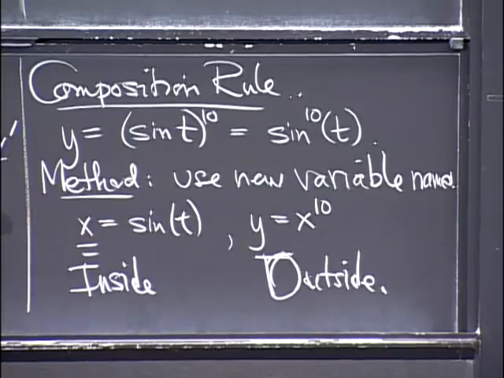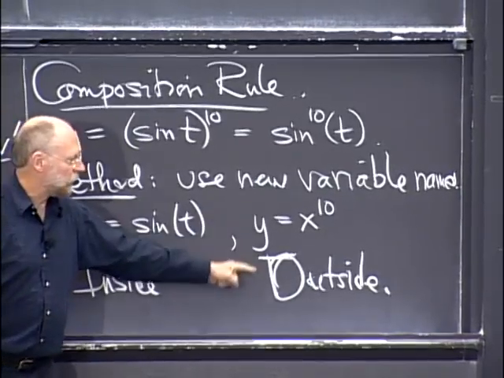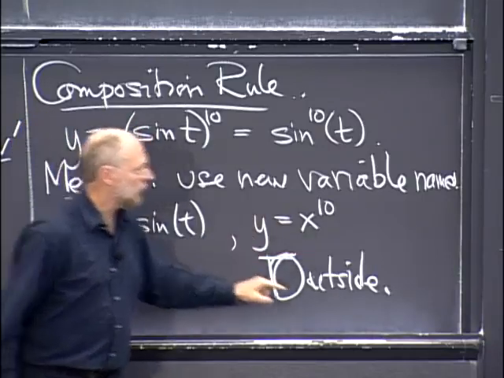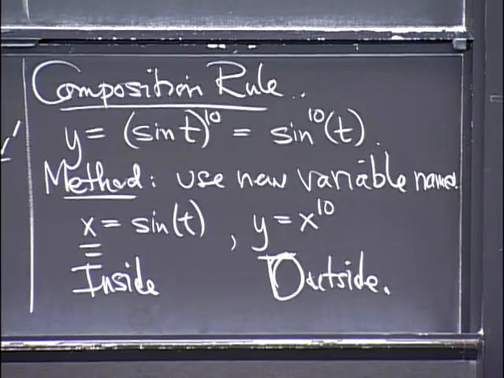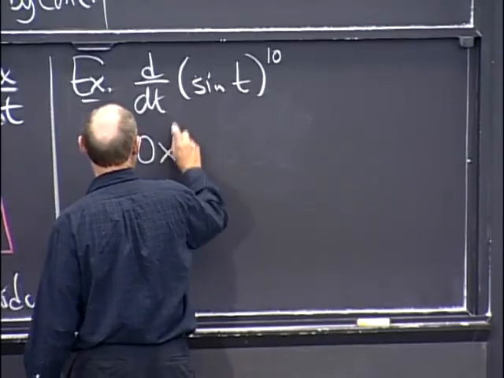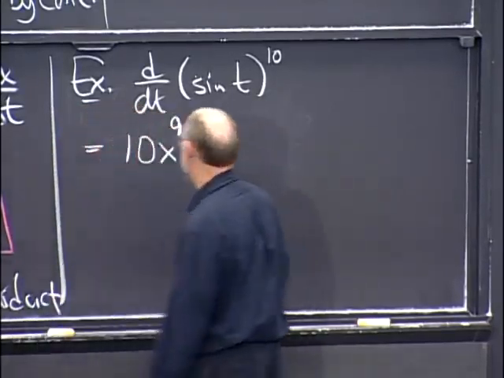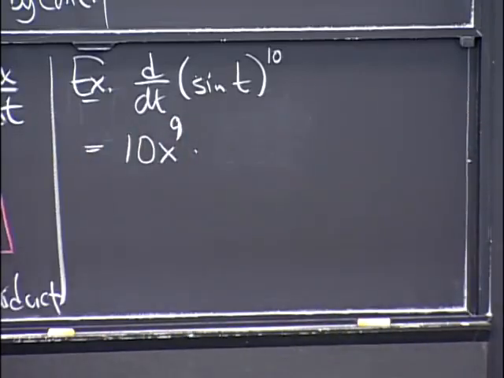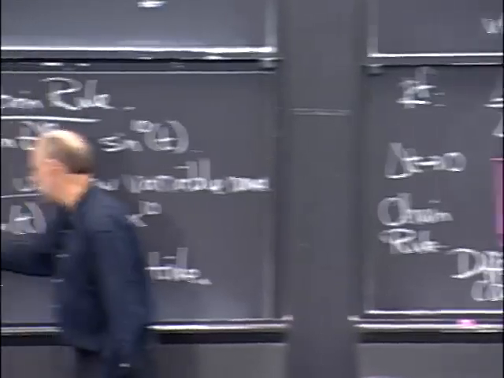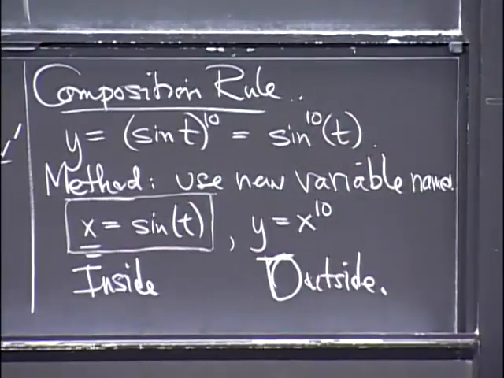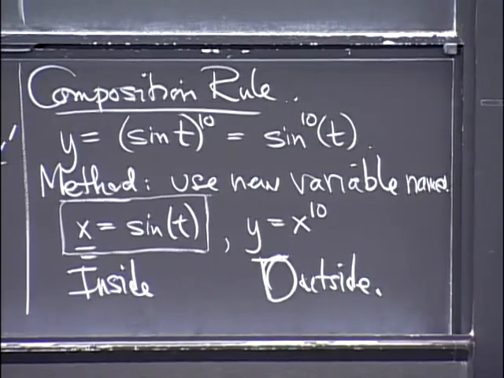So the rule says, first of all, let's differentiate the outside function. Take dy/dx and differentiate it with respect to that variable x. The outside function is the 10th power. What's its derivative? I get 10x to the 9th power, using this newly introduced variable named x.